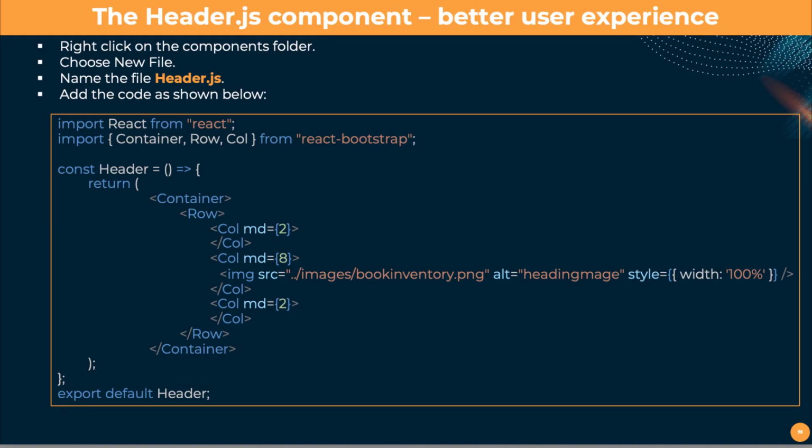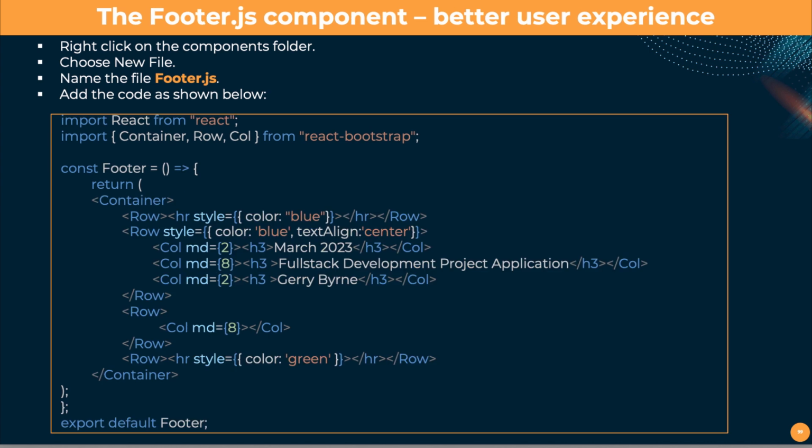So we're going to create a header, and the header simply has the image, and it's all contained within a container, so some bootstrap essentially, but all it is is an image. And then we will create a footer, and the footer will have some text which we can change and amend ourselves, whatever we want to put in, and it's all again inside a bootstrap container.